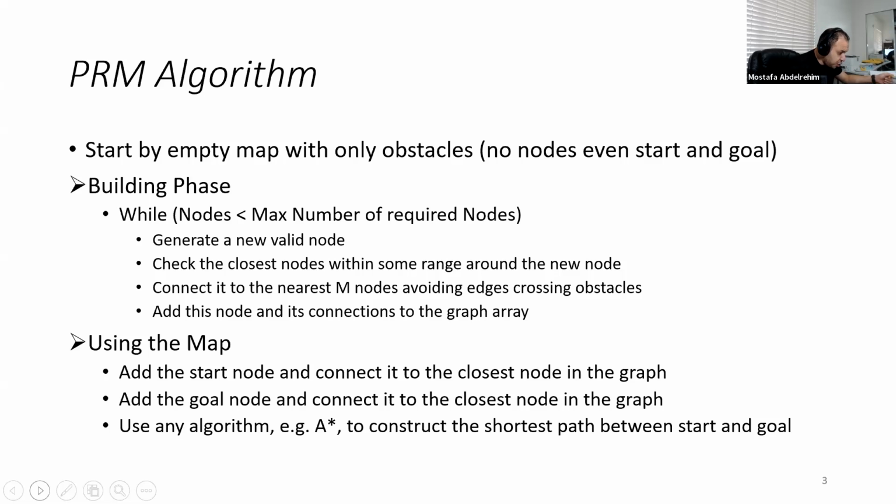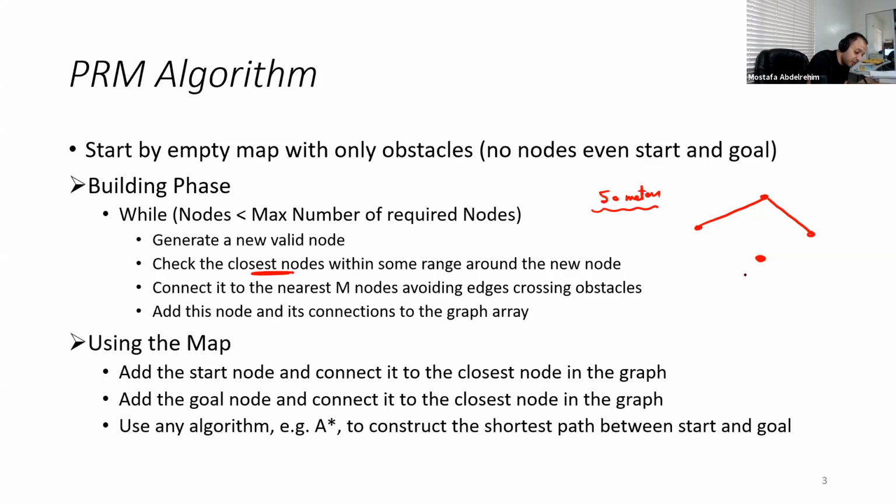For each new node it generates, it checks the closest nodes. For example, if these are the nodes that are already in the map, it generates a new one. Then, based on some predefined distance, for example 50 meters, it searches for the neighbor nodes within these 50 meters.